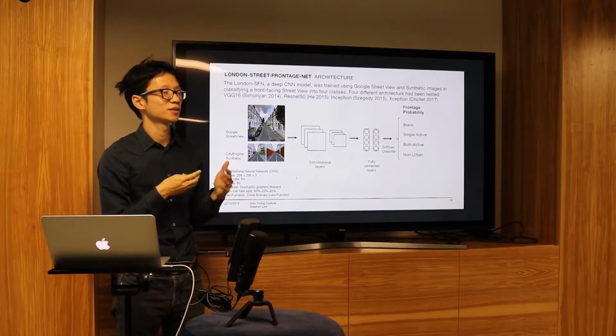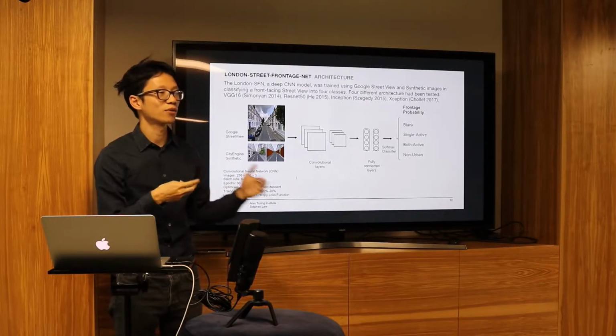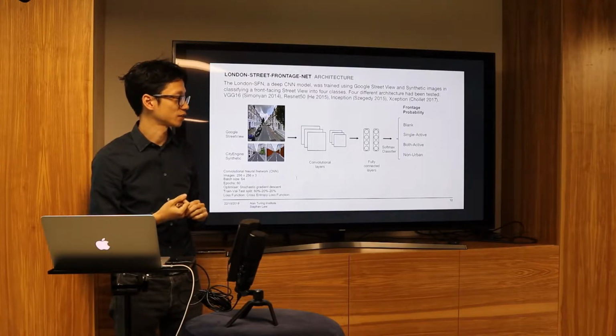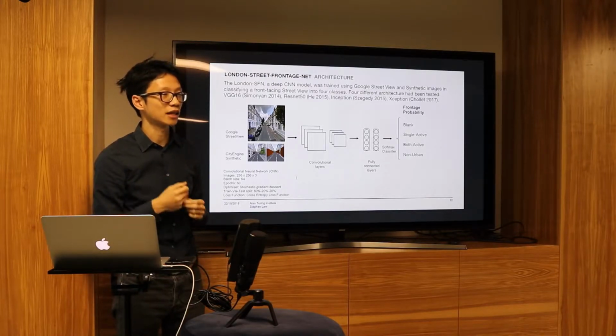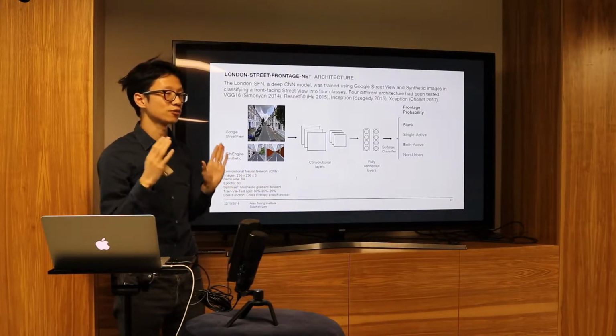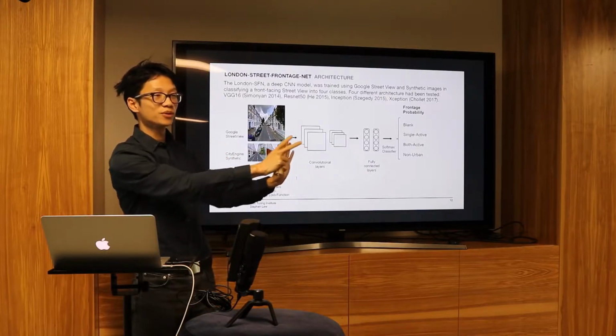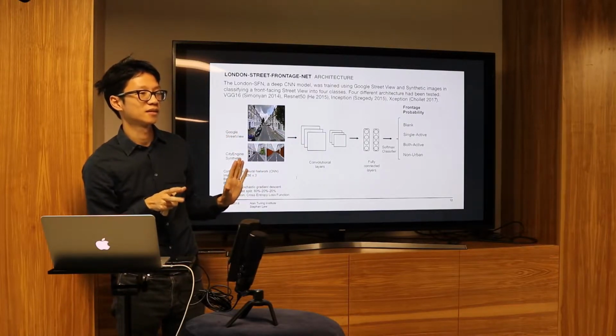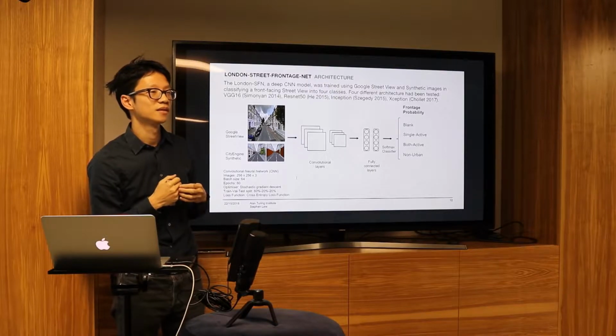So CityEngine is software owned by Esri now. It started from research at ETH, and basically you can give it a street and it generates buildings for you from the parameters that you set in the beginning. But do they have knowledge about what the street is about?